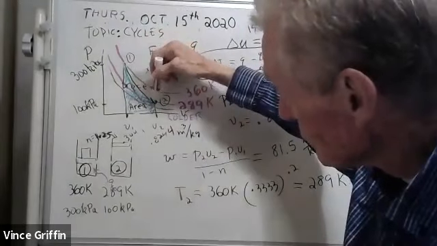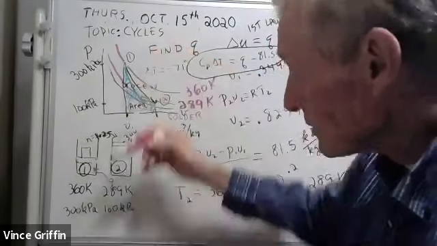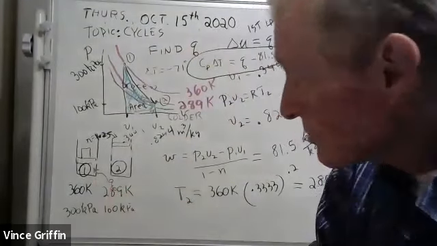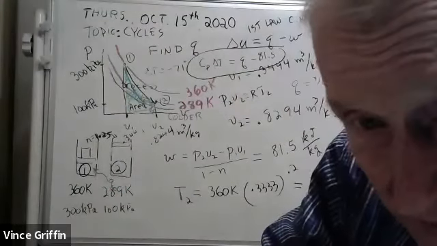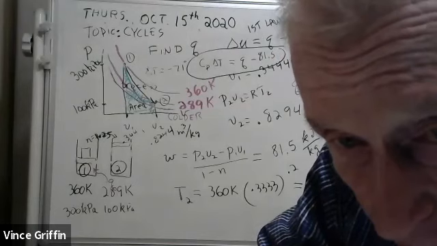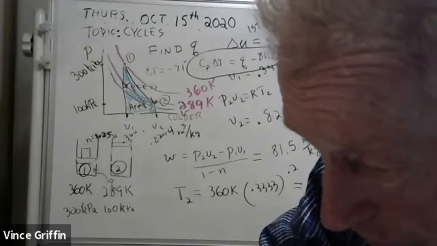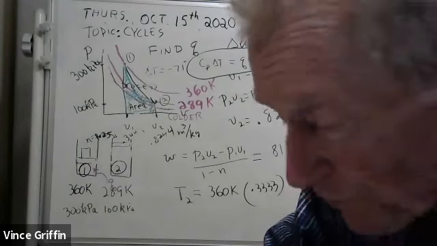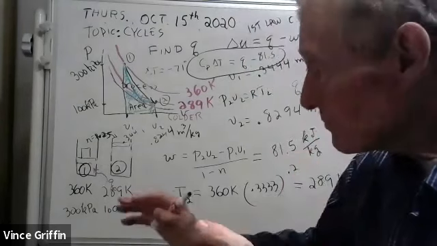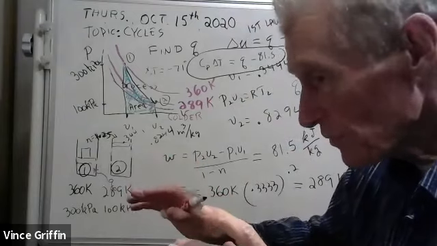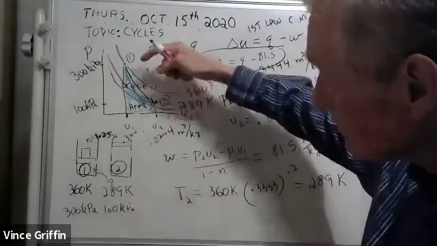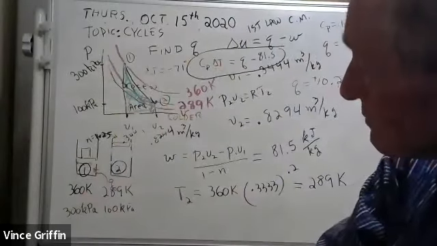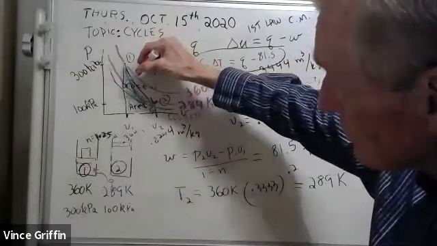How come our process is warmer? Well, it's warmer because somebody is transferring heat into our air. They put it on the stove. Well, that'll make things warmer. But see, if you had it insulated and there's no heat transfer in or out, and all you did was take this mass off, your process would do this.